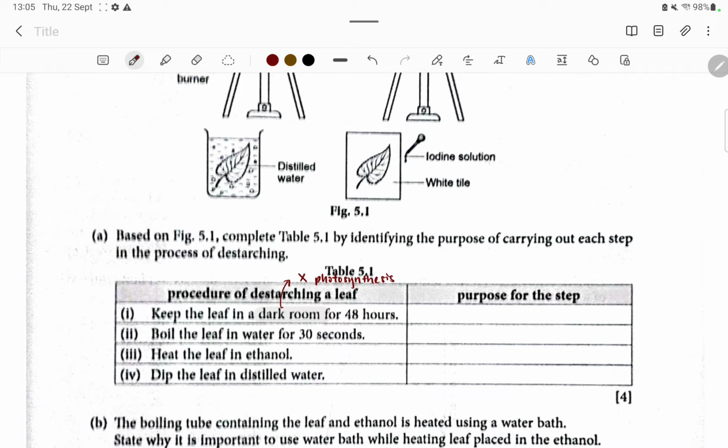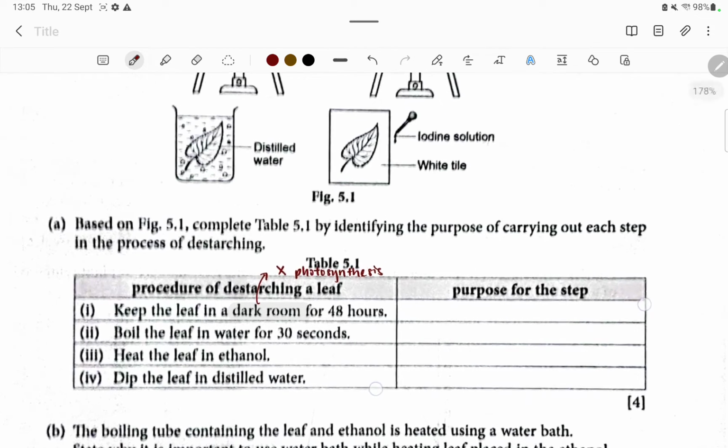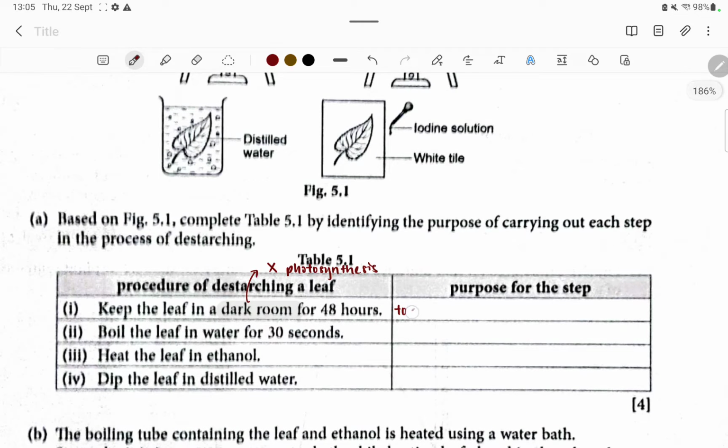So this one you can say to make sure or ensure all starch stored in chloroplast is used up.